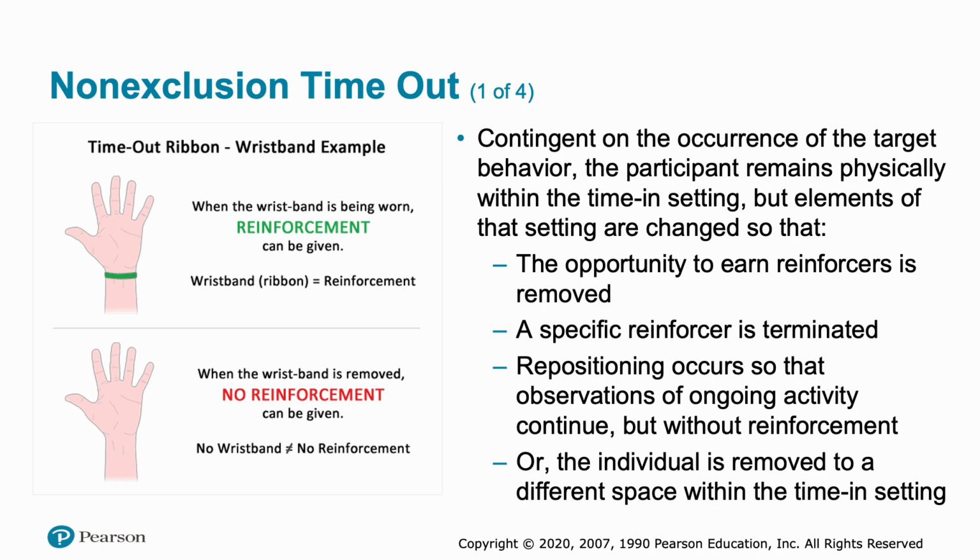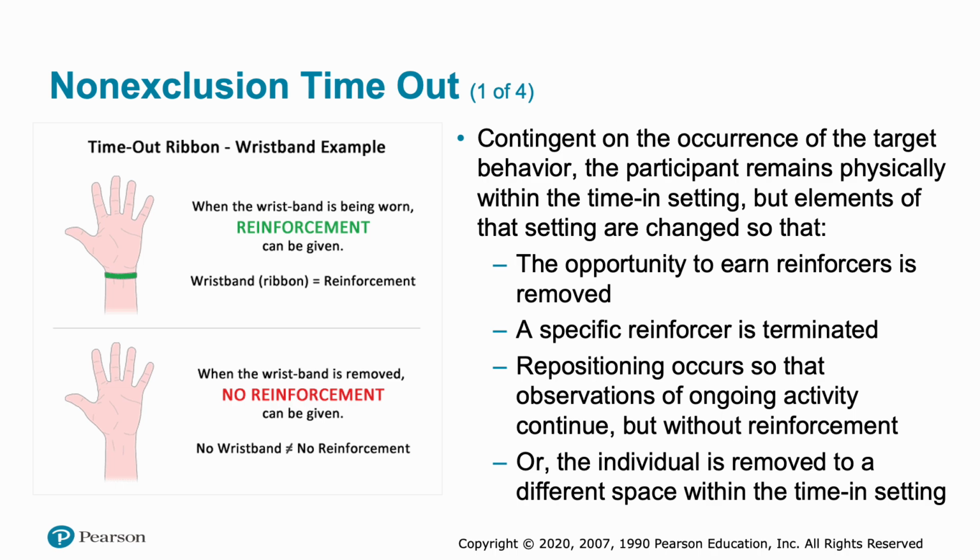They'll lose the opportunity to earn a reinforcer, or a specific reinforcer will be terminated. So if they were already interacting with a particular reinforcer, that'll be removed. Or they might be moved around in the environment in some way so that they're not able to continue receiving reinforcement from whatever activity was going on in the environment.